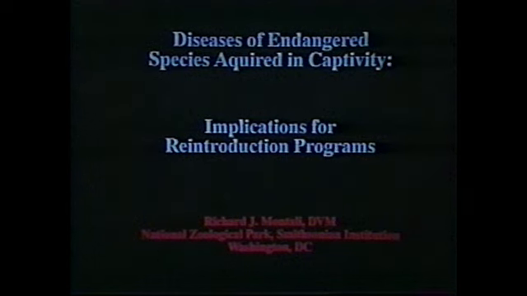Diseases, as I mentioned, in captivity can often be different, and wild populations may be naive to these diseases, so we don't want to bring in new diseases, nor subject those reintroduced animals to perhaps diseases that occur in the wild that they may be naive to.